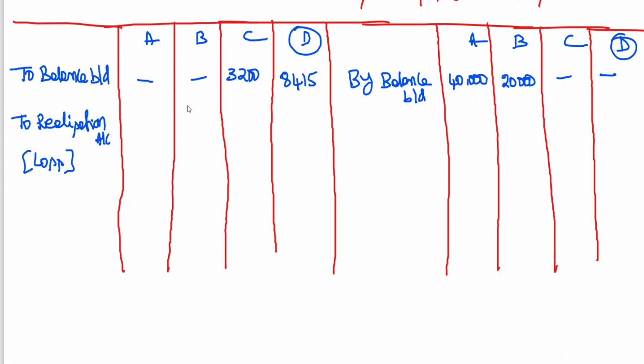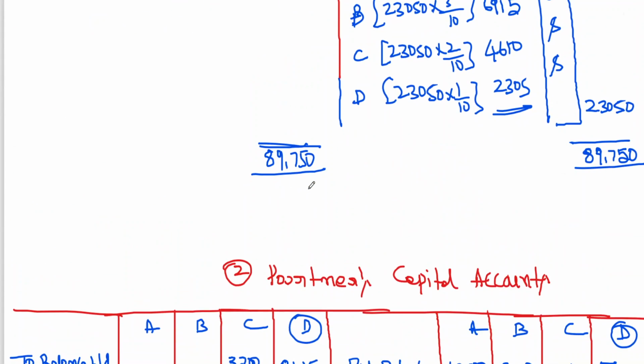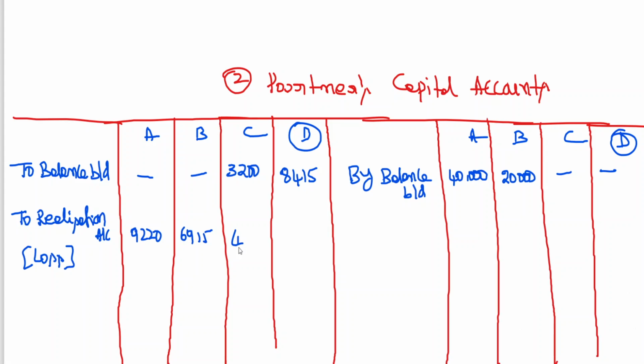Loss: we got a loss of 9,220, 6,915, 4,610, 2,305.